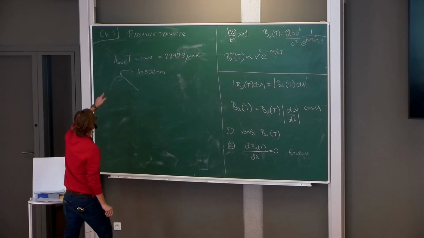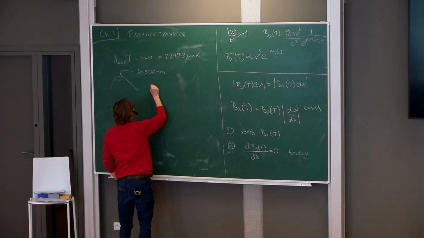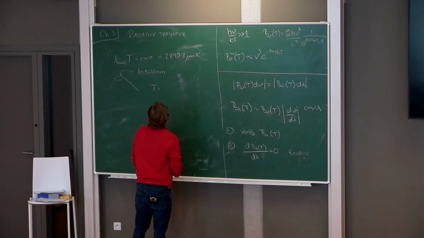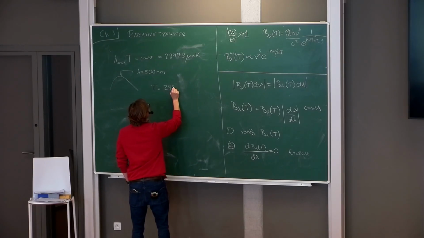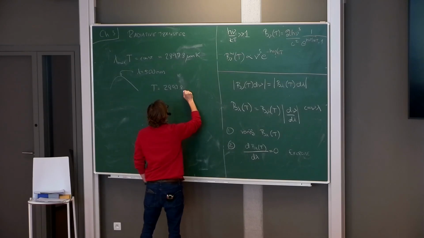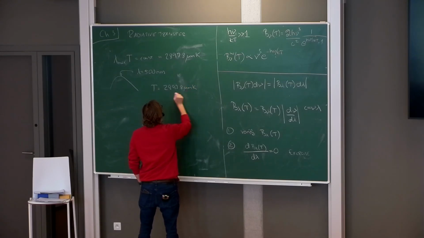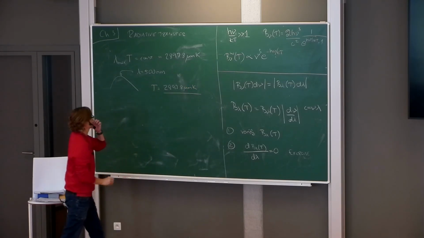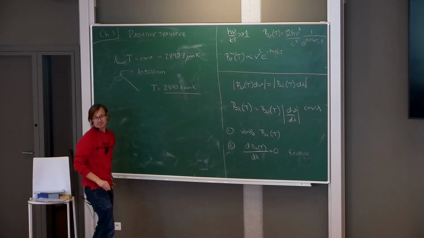Okay, so then the temperature is 2897.8 micrometer Kelvin divided by the wavelength. So we have to convert to micrometers. What is that? 0.5 micrometer, right?